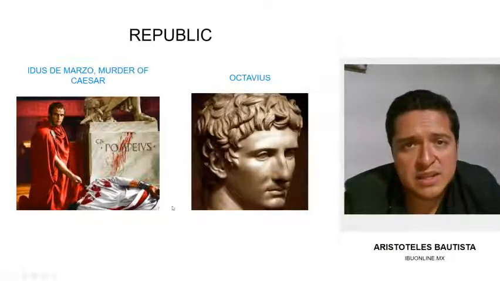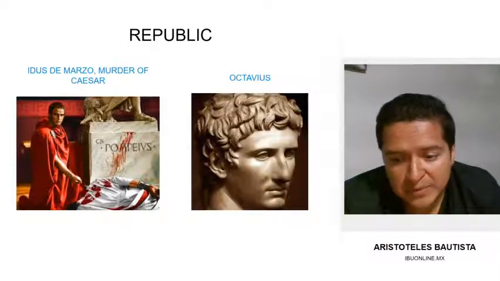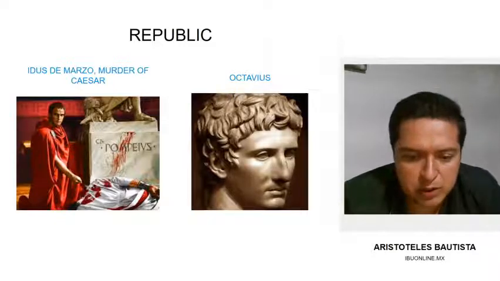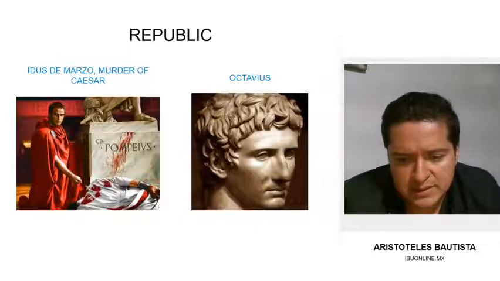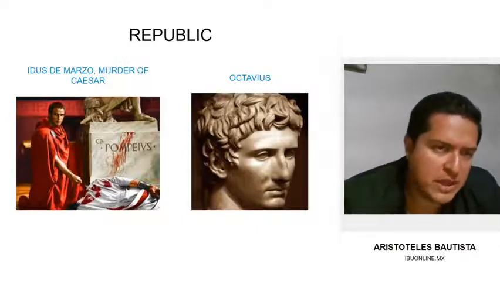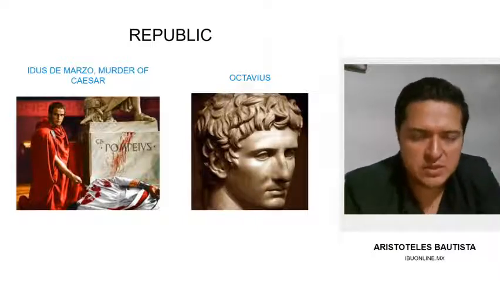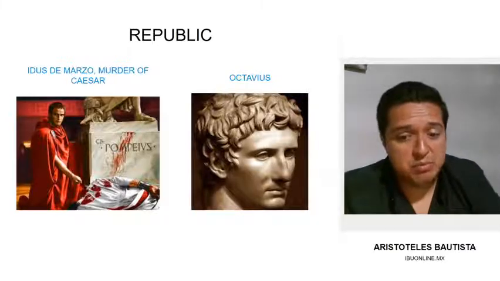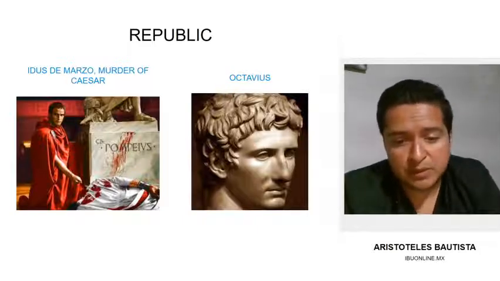The first thing he did was kill Caesar's killers, and then he killed Mark Antony and Cleopatra in century 7. Why? Because they made a conspiracy against Octavius. This was important because Octavius takes control of all Rome.